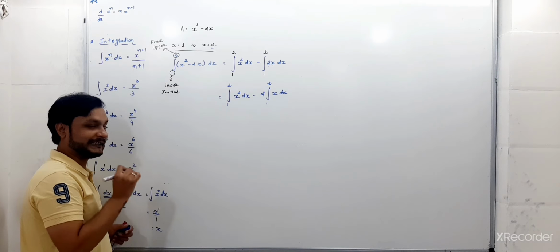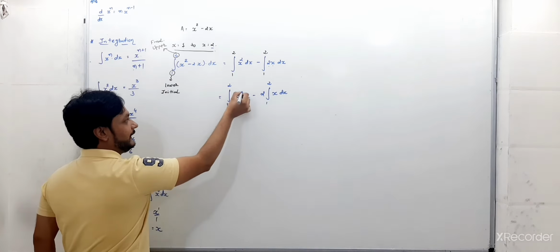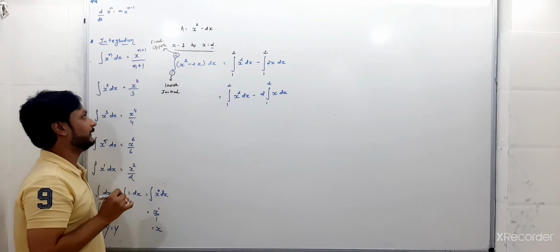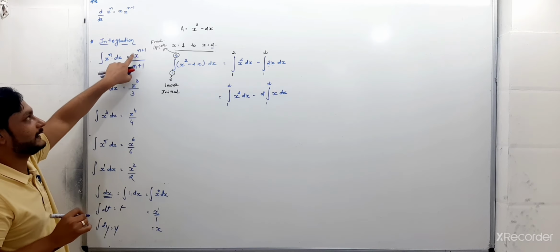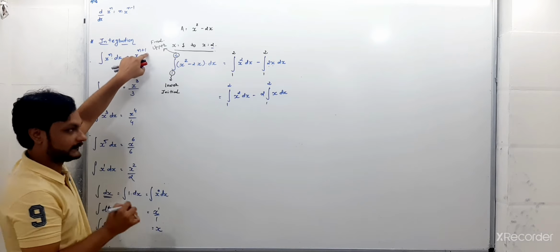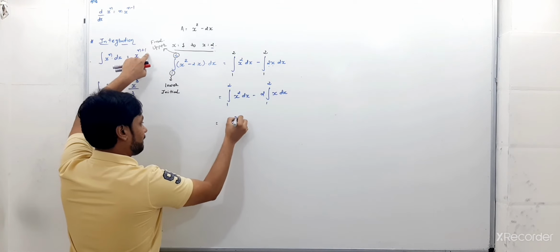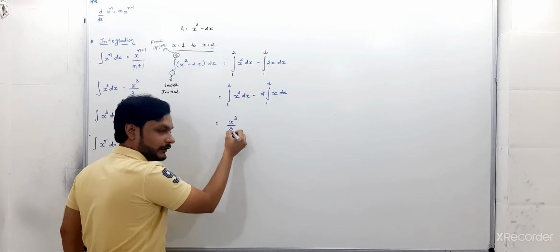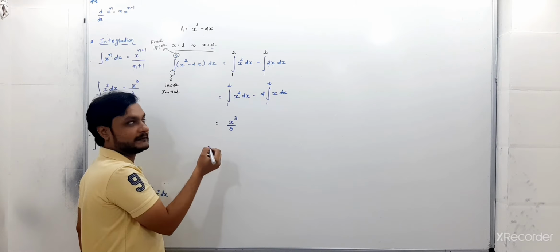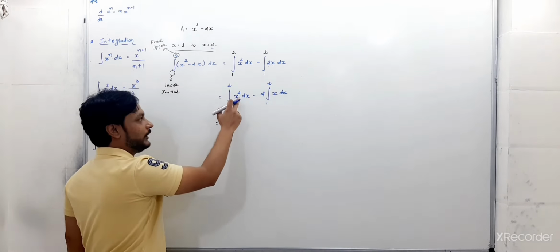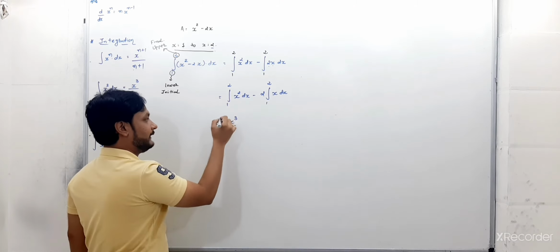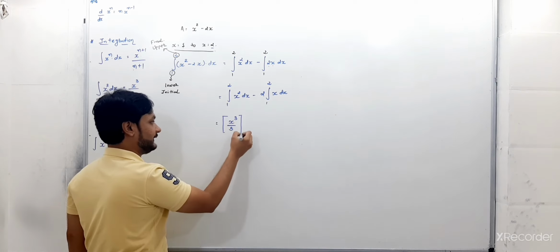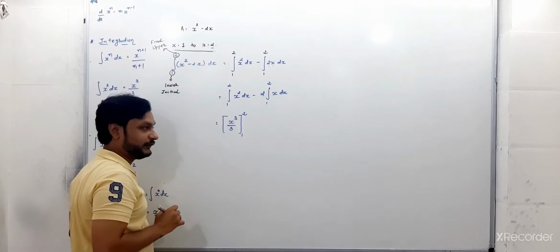Okay, now watch carefully here. We have to integrate this x square. Now take your formula. The integration of x square is 2 plus 1, that means 3, divided by 3. This is the answer for x square, but it is not our actual answer yet. After that we have to place the limit because you are finding for 1 to 2.